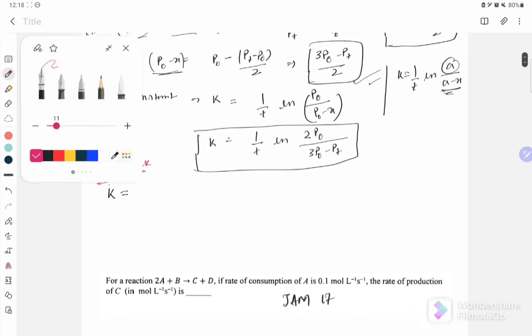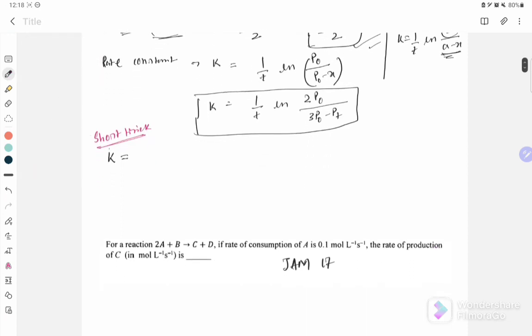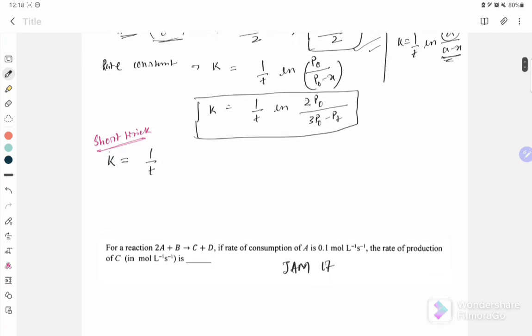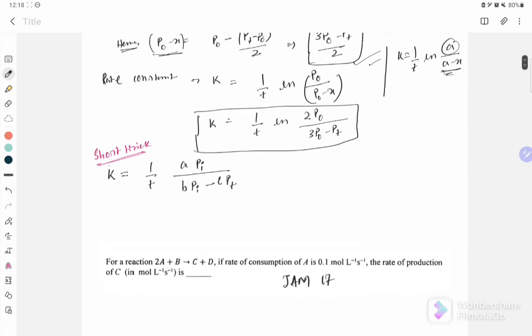The short trick is k equal to 1 by t ln (a times Pi) by (b times Pi minus c times Pt).